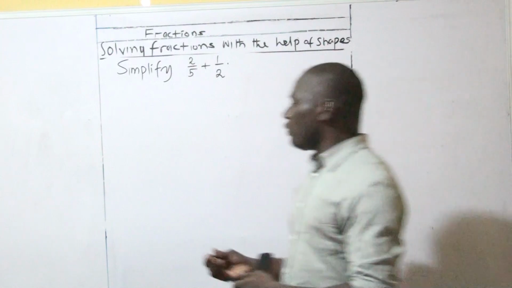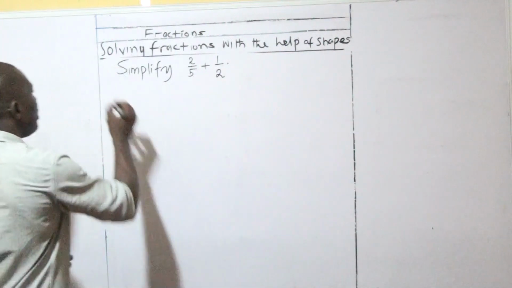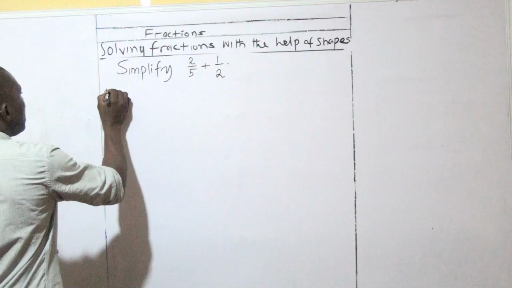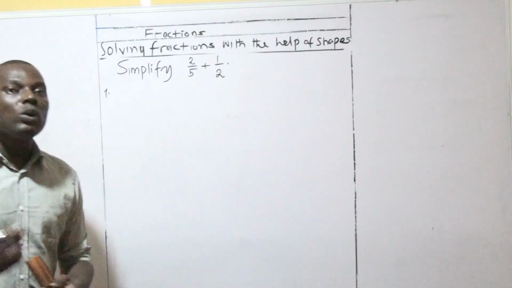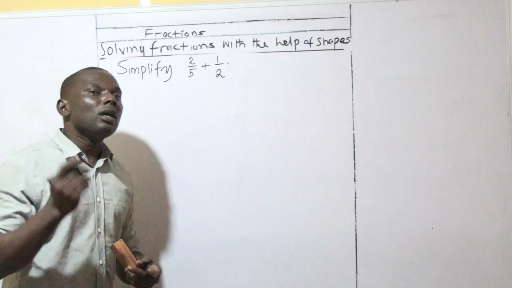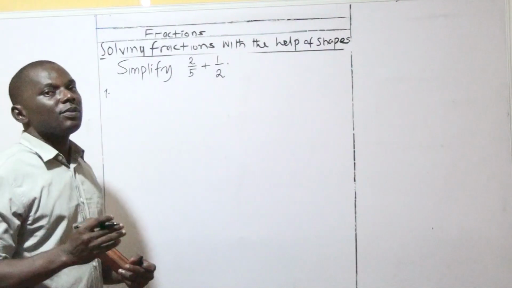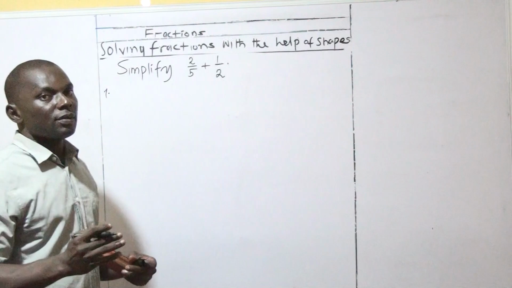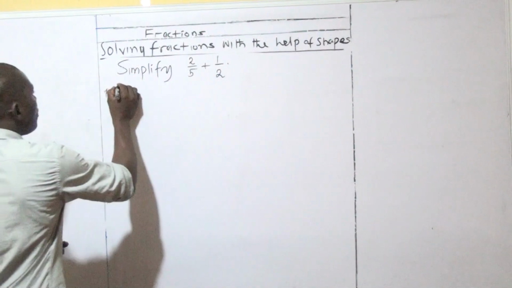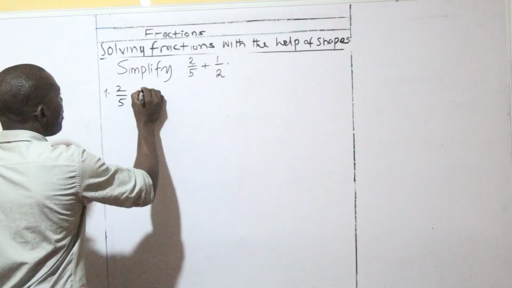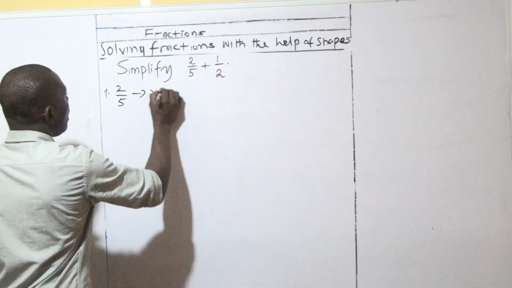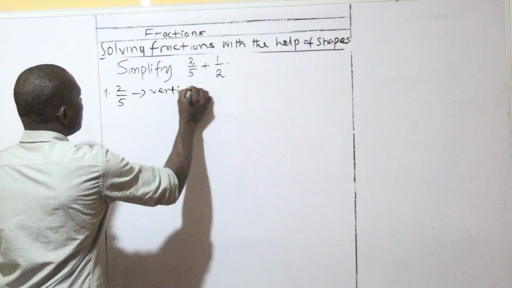So here, what you do first, you pick a line for each of these fractions, one that you will need to illustrate it. For instance, this one will have 2/5. Now we assume that the line we will use for it is vertical lines.